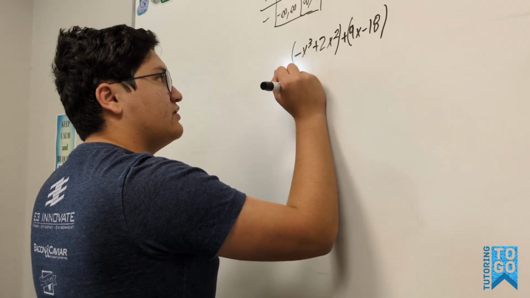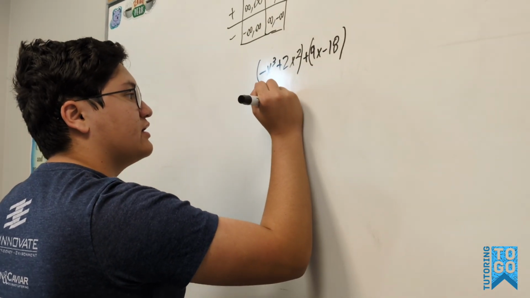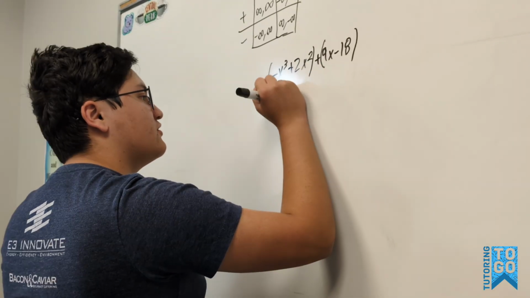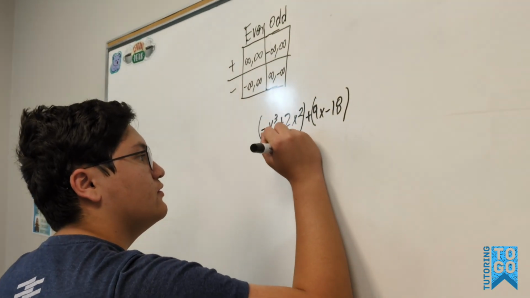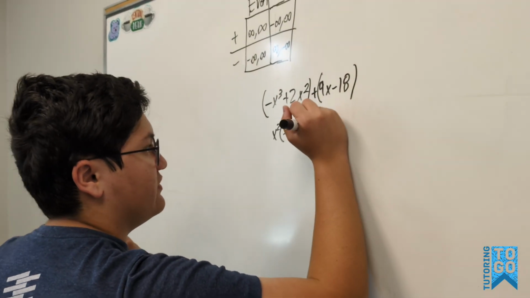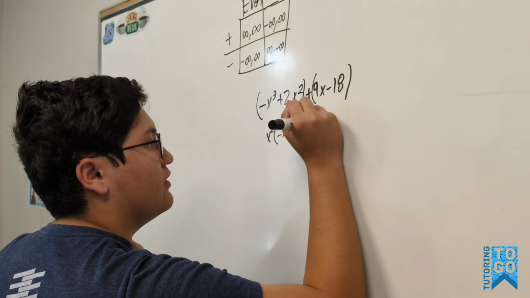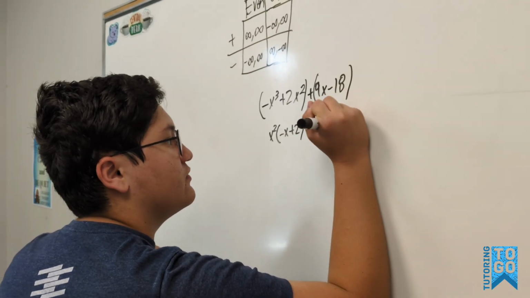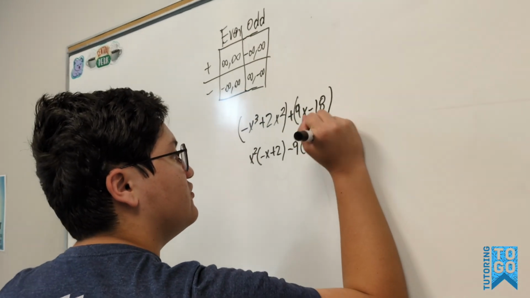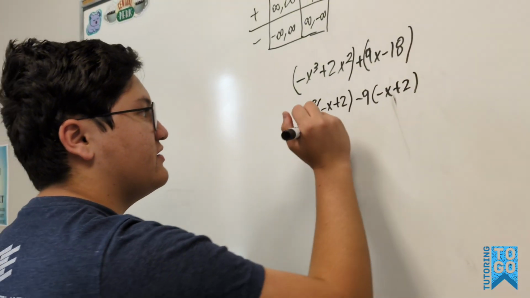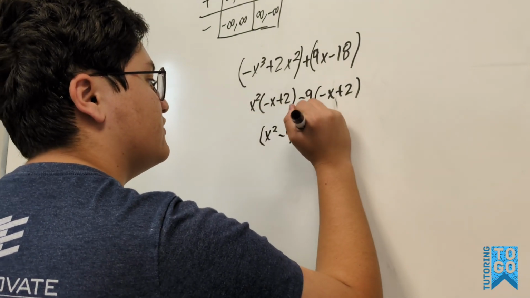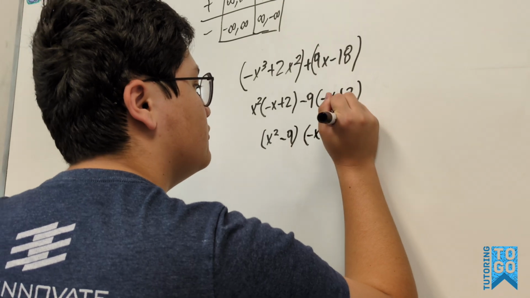For example, we can take x squared out from here and get negative x plus 2. Then we can take out x squared from here and get negative x plus 2. And we can take out negative 9 from this one and get negative x plus 2. Now we can separate this down into x squared minus 9 times negative x plus 2.